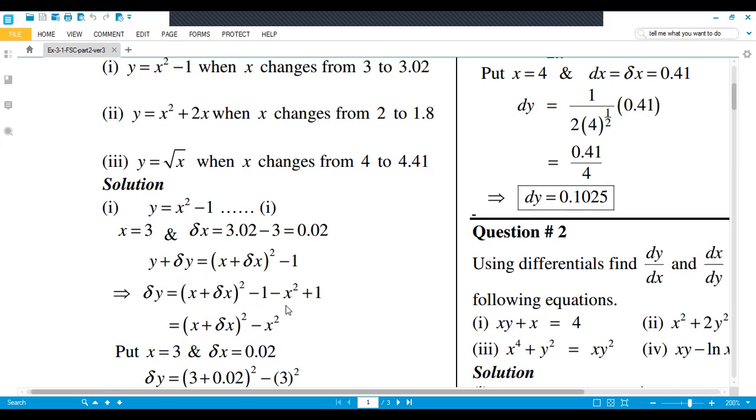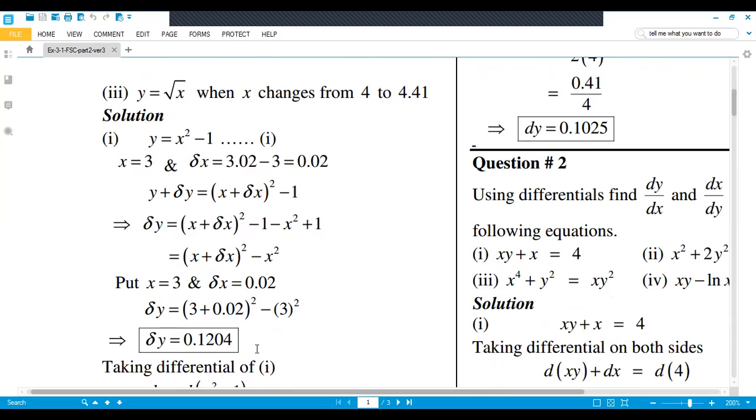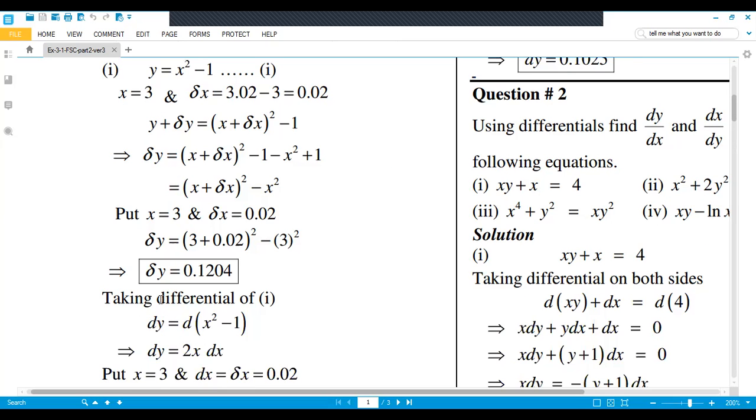So minus y, and the value of y you put here, so it will be minus x square plus 1. Now minus 1 plus 1 cancel and you get x plus delta x whole square minus x square. The value of x is 3 and the value of delta x is 0.02. So you put these values in this equation: 3 plus 0.02 square minus 3 square. When you solve, you get delta y equal to this.